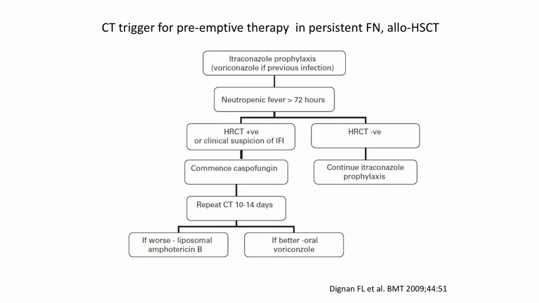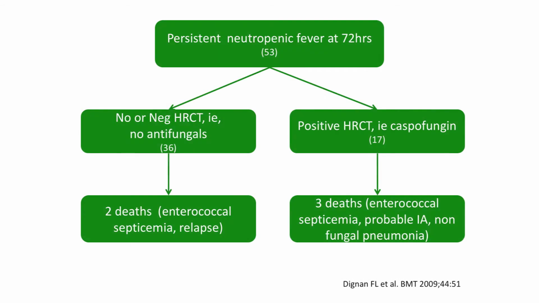This is a British group, and they used only CT, no galactomannan, and they were able to show that you actually reduce the use of antifungals, and you do not get a death from a fungal disease. But those who were positive, you could use caspofungin, and probably only one case of IA would slip by.